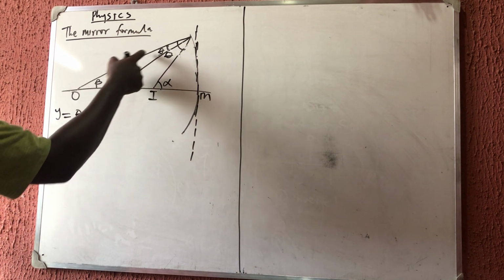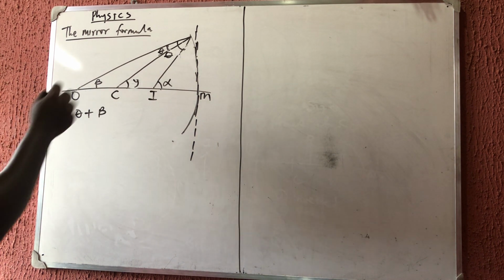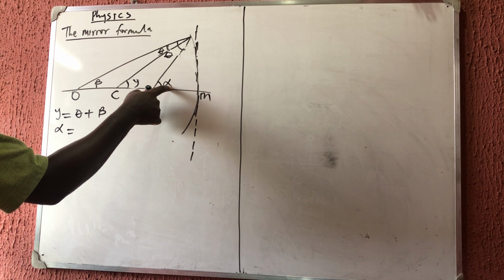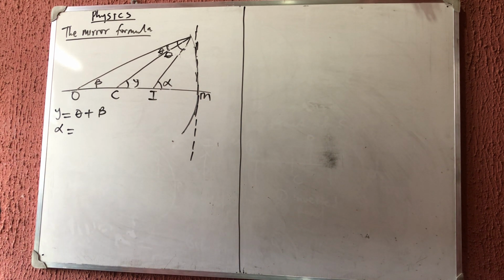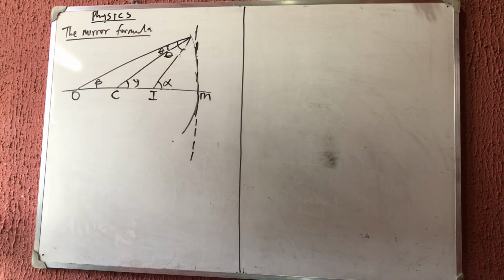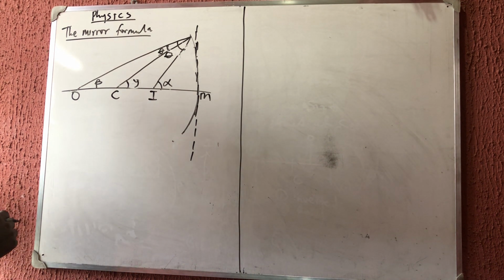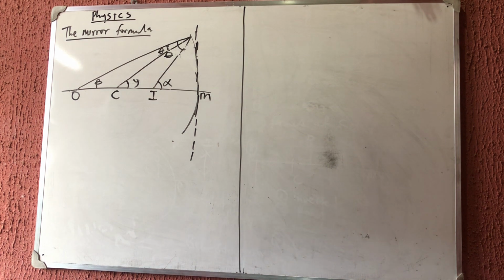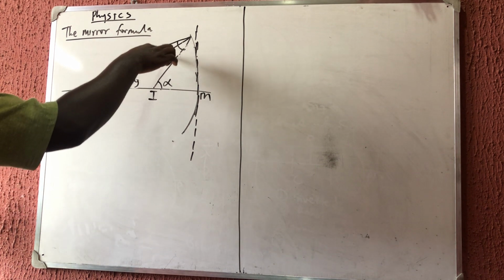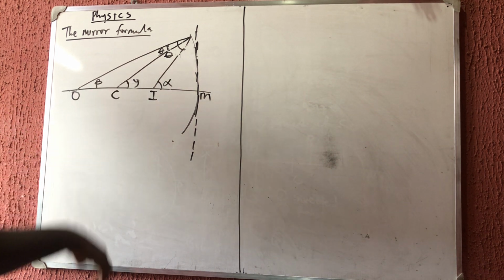Two opposite interior angles of a triangle are equal to the exterior angle. Theta plus beta is equal to y. And then here theta is equal to alpha.